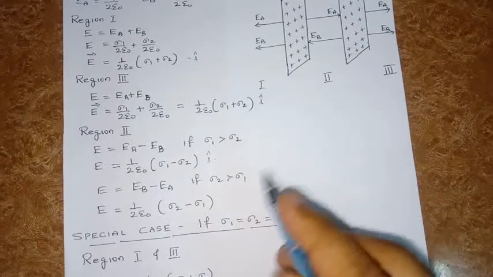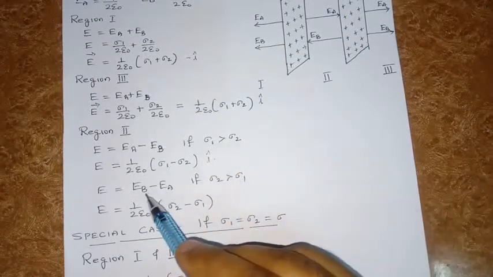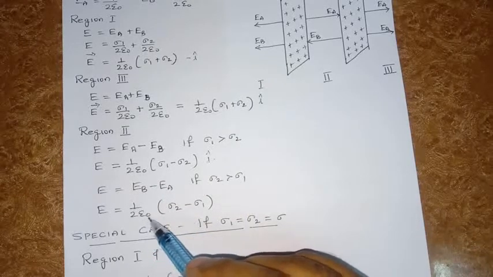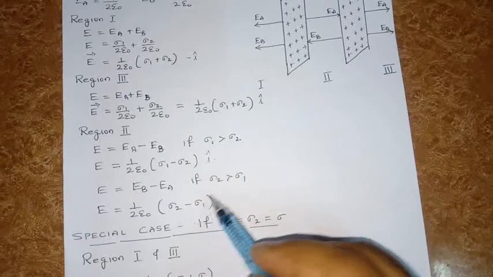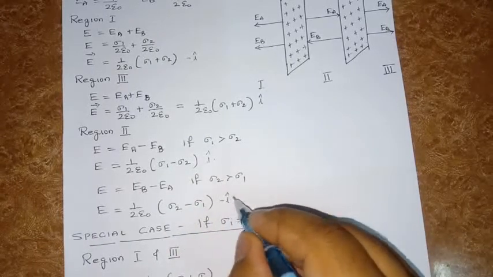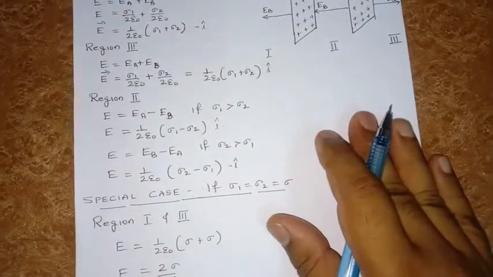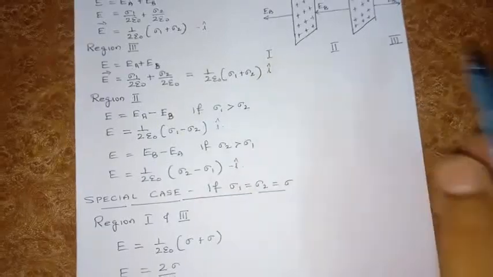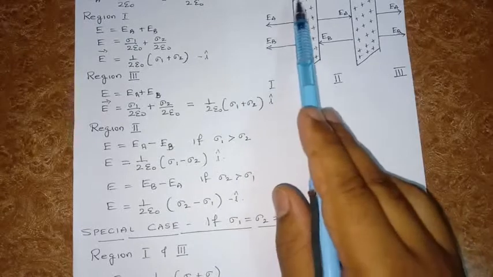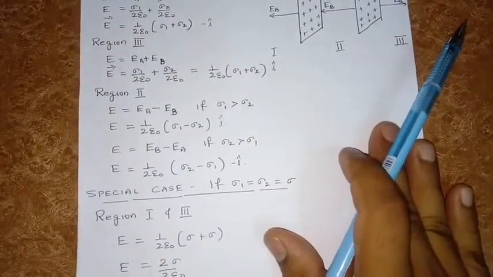Similarly, the second possibility is sigma 2 greater than sigma 1. Then EB will be greater than EA. Then the net electric field will be 1 by 2 epsilon 0 times sigma 2 minus sigma 1. Since sigma 2 is greater than sigma 1, it will be in the negative i direction, negative x direction. So these are the different regions and the net electric field if two sheets are charged with charge densities sigma 1 and sigma 2, and these charge densities are similar.